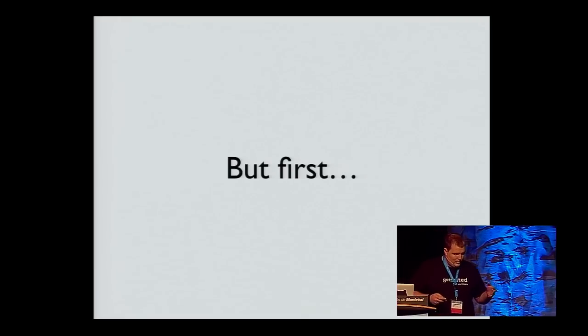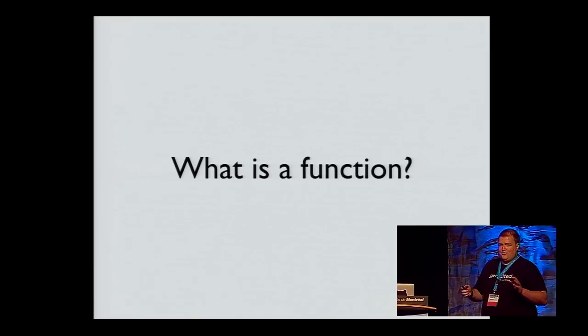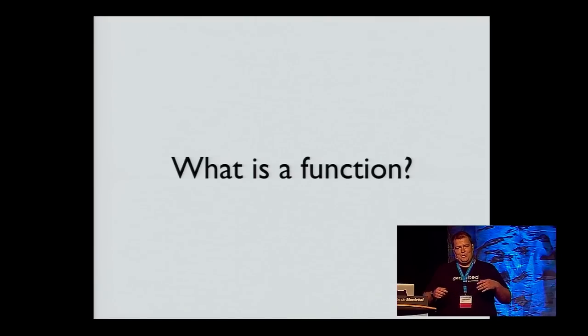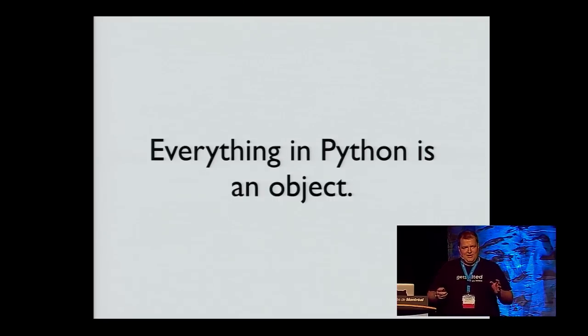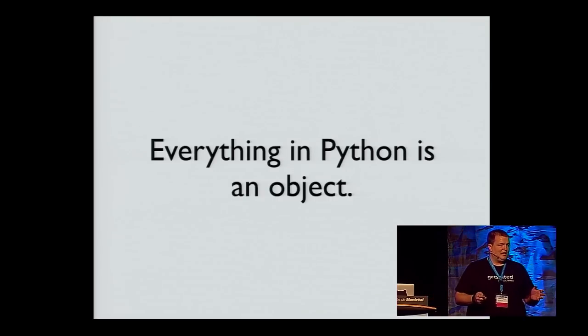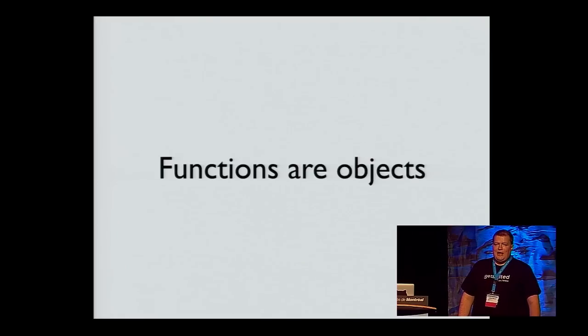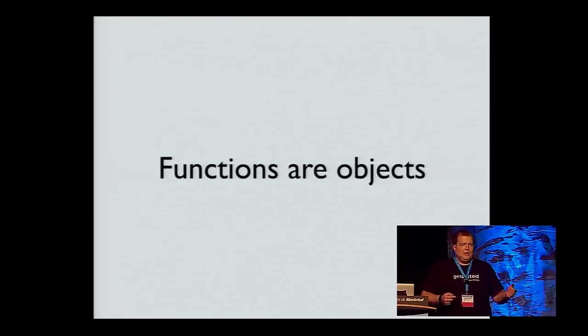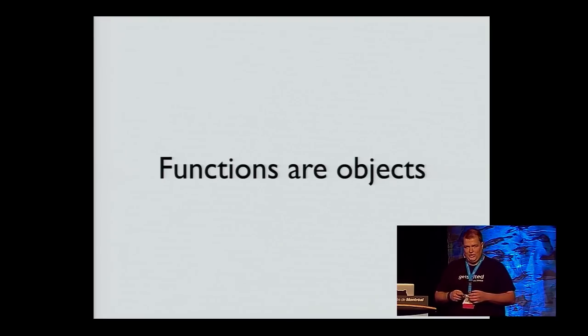So before we get to the actual decorators, let's back up a little bit and define a function. We know what a function is. We define this functionality and we can call it anywhere we want. The important thing in Python is that because everything in Python is an object, functions are also objects. This is important because in some languages, this is not true. In some languages, you can't easily pass functions around or define them inside of other functions or do all these things that in Python, we're just used to seeing.